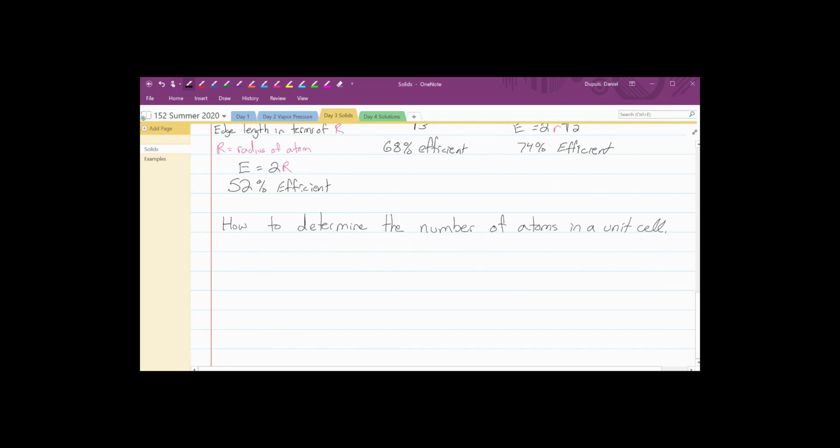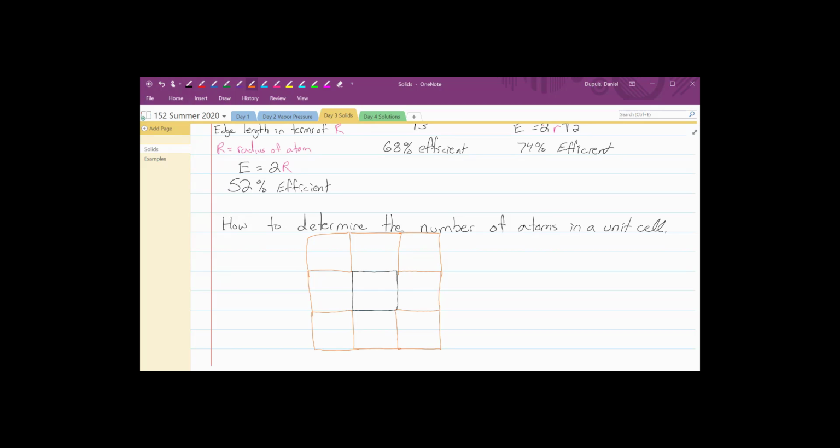All right. So let's look at this unit cell right here. And then we're going to have another cell there around it, another cell there, another one here, there, there. All right, so there's 9 unit cells right there.